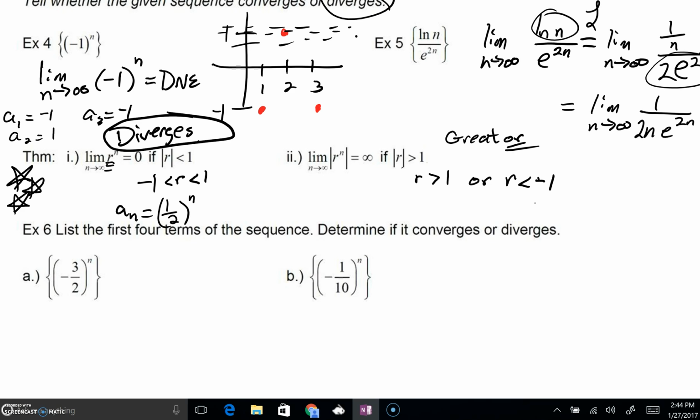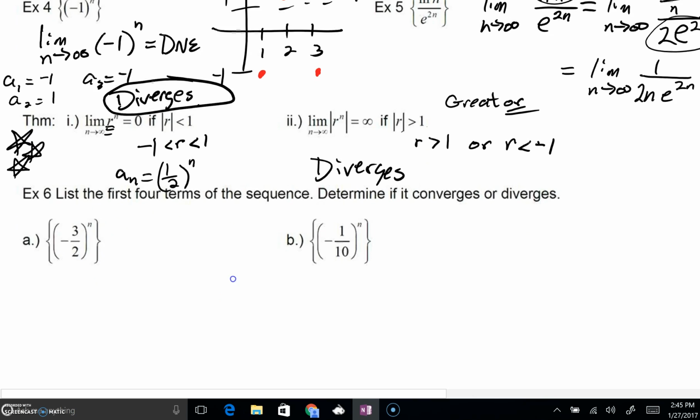Yeah, you're going to be heading towards infinity. What if I took negative 5 to the n? You're going to bounce between positive and negative values. But if you put absolute value around there, you're going towards infinity. This diverges. As soon as the base is bigger than 1 or smaller than negative 1, you have divergence.